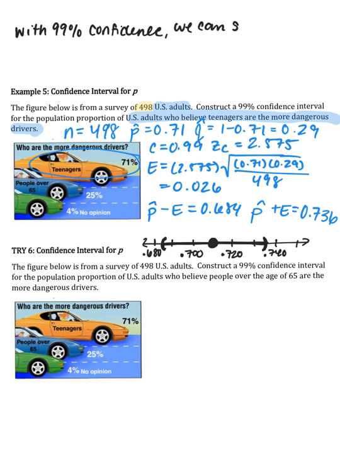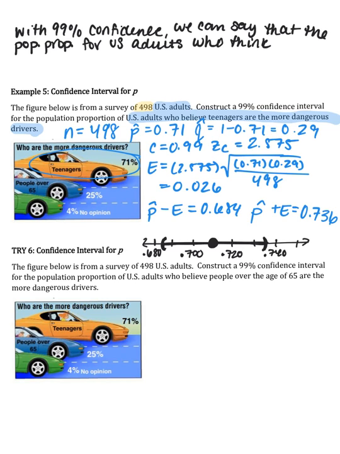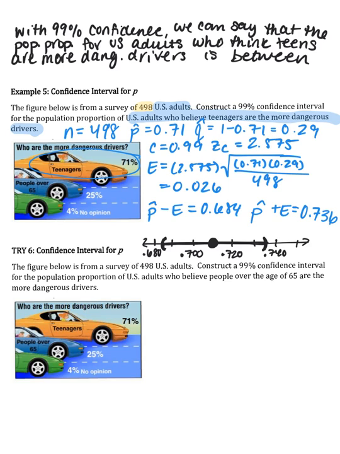We can say that the population proportion for U.S. adults who think teens are more dangerous drivers is between 68.4% and 73.6%.